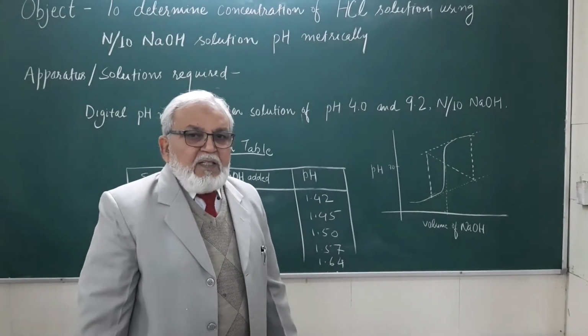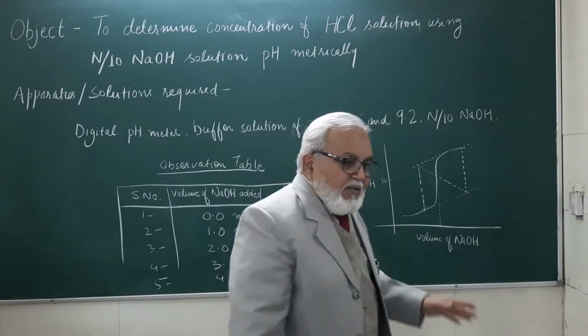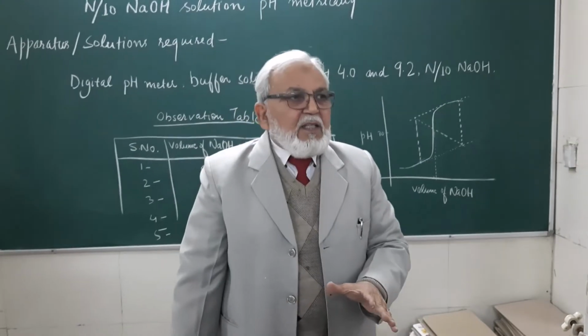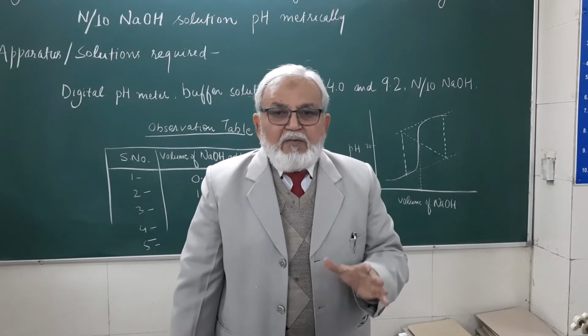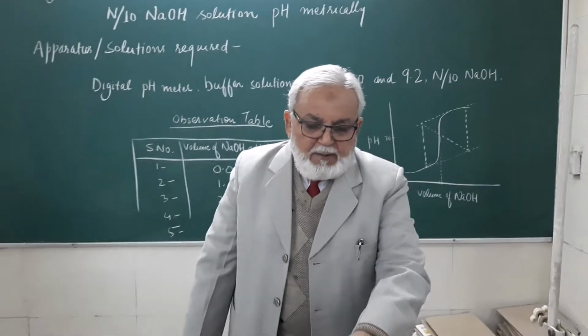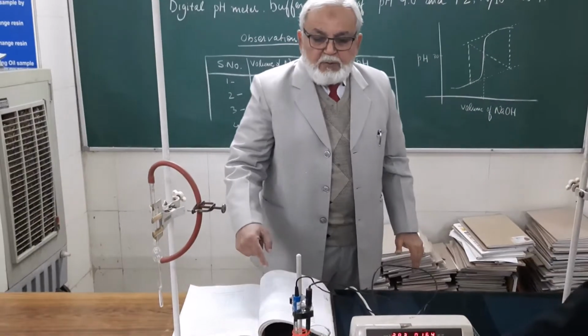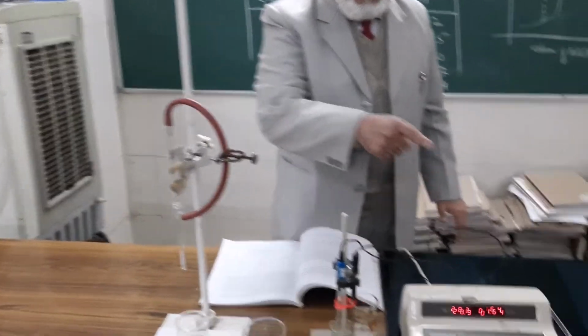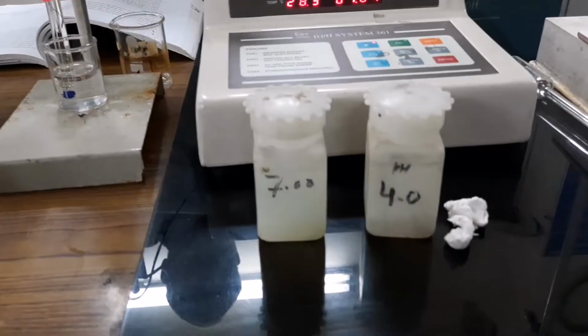One more important thing is, before using the pH meter for this titration, its standardization is carried out, and for standardizing our pH meter, we use a buffer solution of pH 4, because we are determining the pH of an acid.